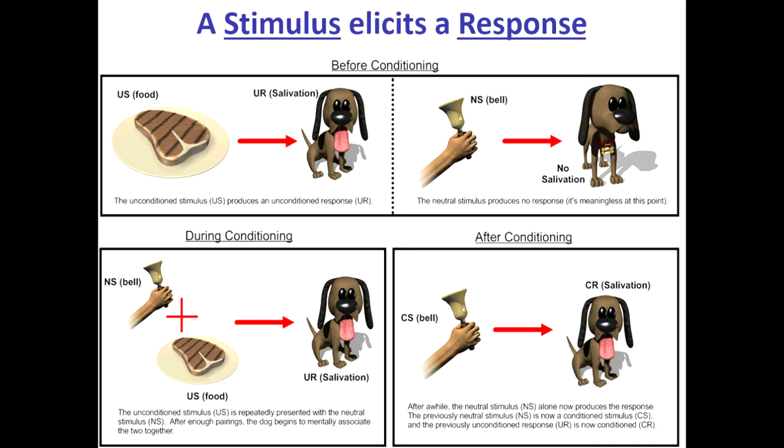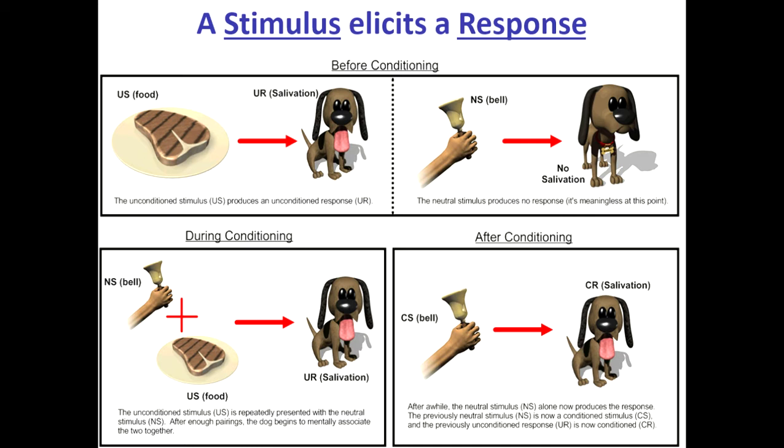It's always important to remember in classical conditioning, or in all real behavioral modification in any type of learning, a stimulus elicits a response. So what is a stimulus? Well, anything that elicits a response. In the classical conditioning example with Pavlov's dogs, the food is the stimulus that produces the response of salivation.